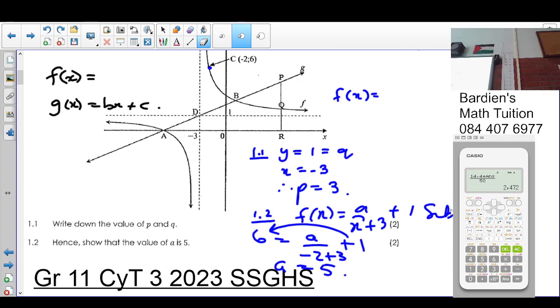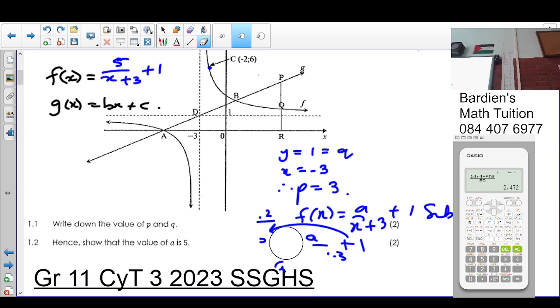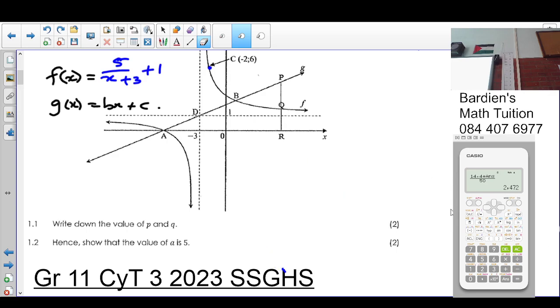So my equation now reads f of x is equal to 5 over x plus 3, plus 1. Please stop me if there's something that is asked that I haven't told you. So that's the first question. We did both now. We got a and we got p and q.